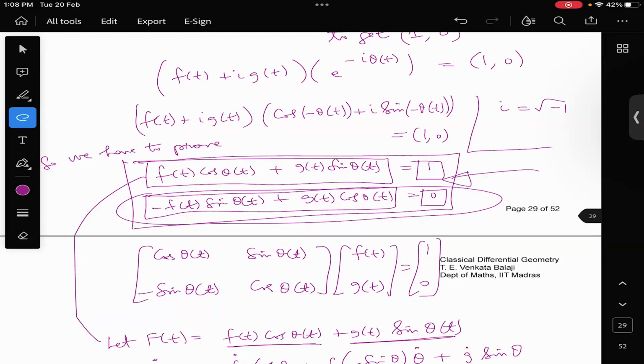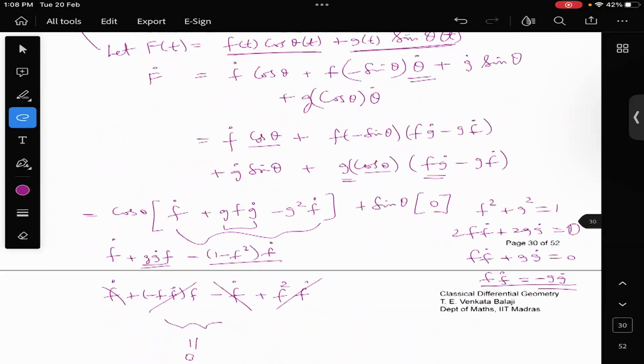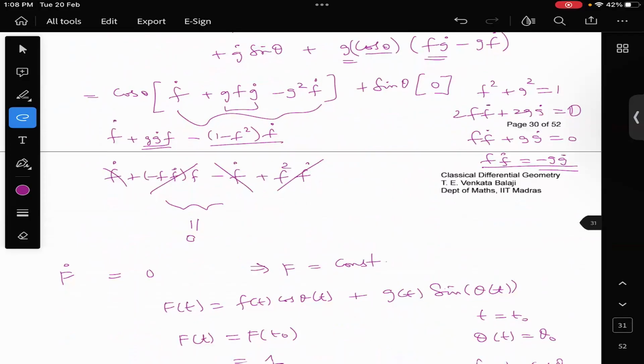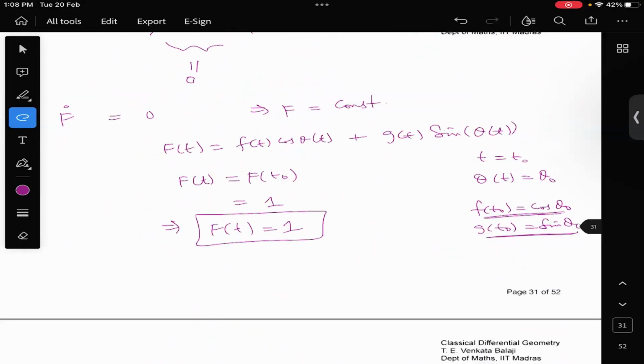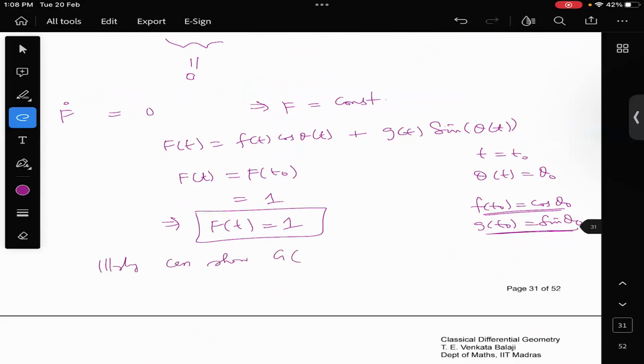It has given you that theta, which is an angle, mind you, is continuously differentiable, which you don't expect of a normal angular function. That's what you have to understand technically. Similarly, we can show g dot of t equal to 0. This implies g of t is equal to g of t naught, which is equal to 0, and we are done.